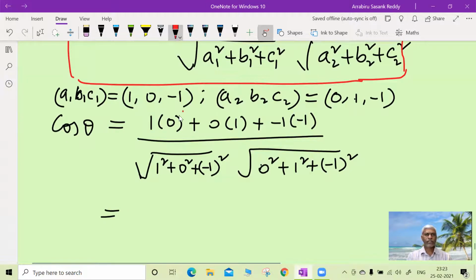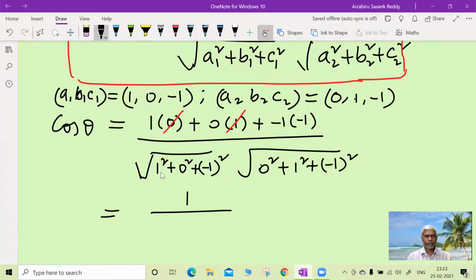So 0 plus 0 plus 1 is 1, and under root 1 plus 1, 2 into 1 plus 1, 2, so 1 by 2.